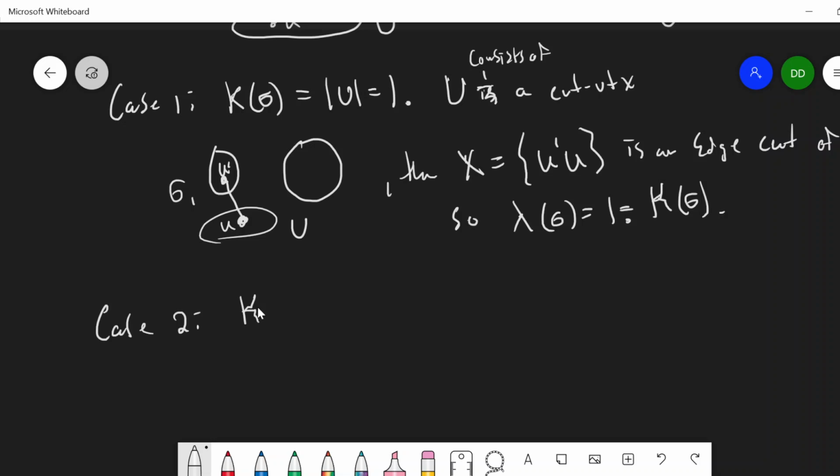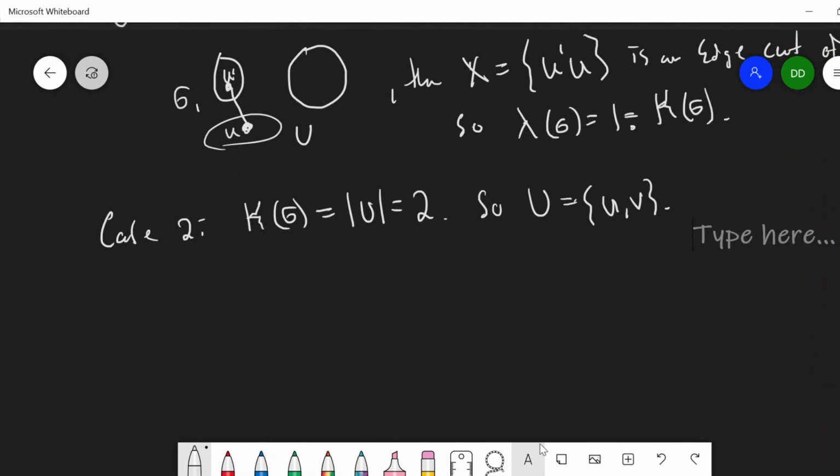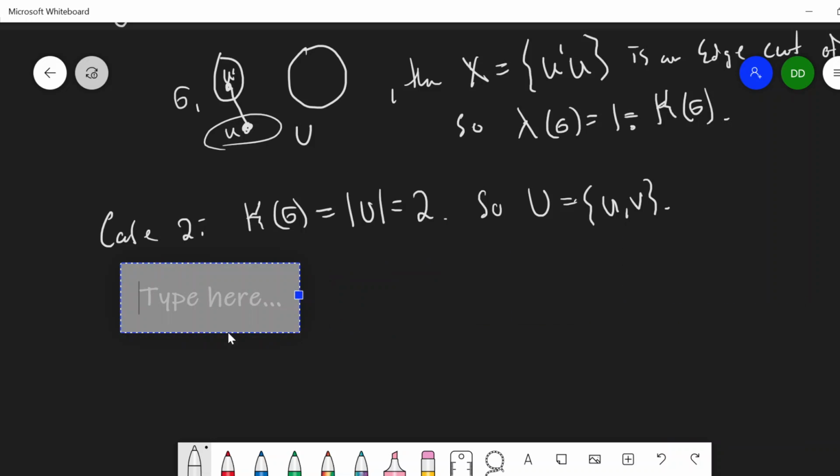So here we're assuming the connectivity of G is equal to, again, the minimum vertex cut is equal to 2. And so U, let's say U consists of 2 vertices, U and V, whose removal disconnects the graph. We're sort of going to break this up into subcases.